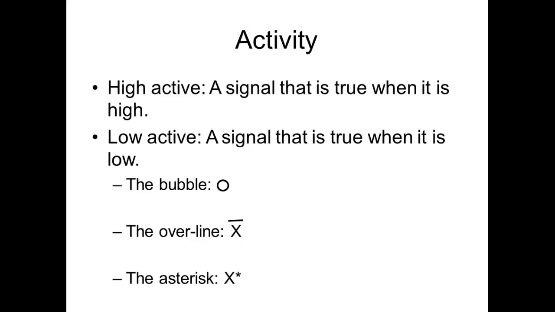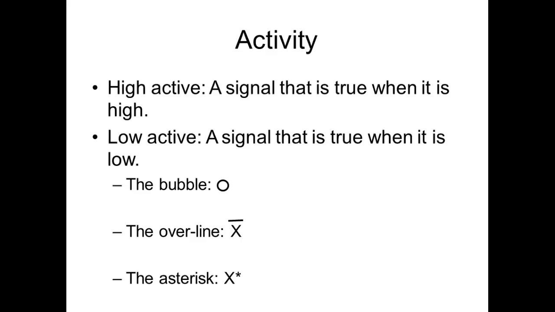So we're going to start getting into this thing I'm going to refer to as a bubble. And we're going to start using the terms high active and low active, which I've accidentally slipped and used a little bit. If we use the term high active, it means the signal is true when it's high. If I use the term low active, it indicates the signal is true when it is low.